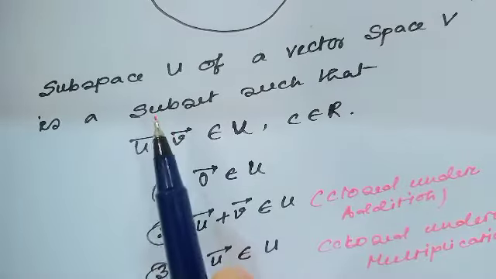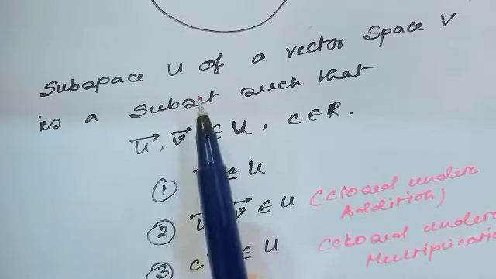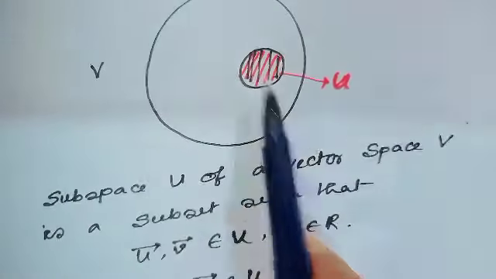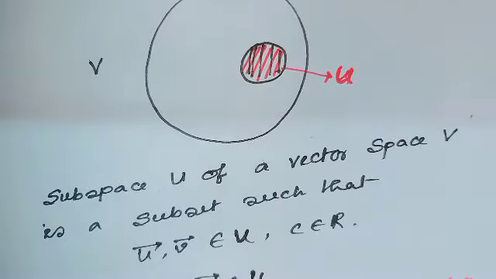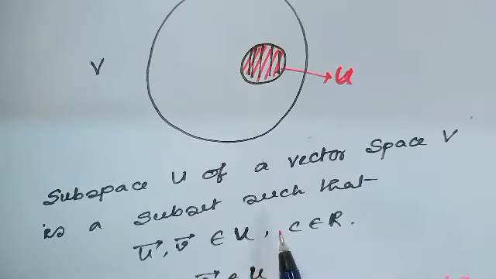The definition is of this type. A subspace U of a vector space V. Obviously this is a subset, and this subset is of this type.